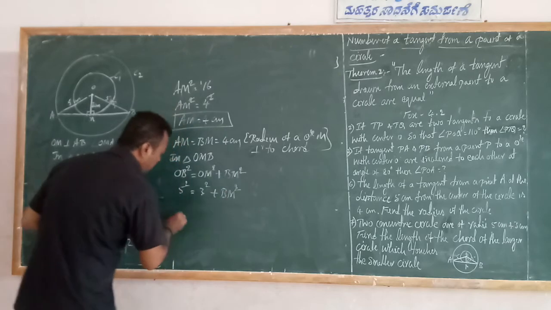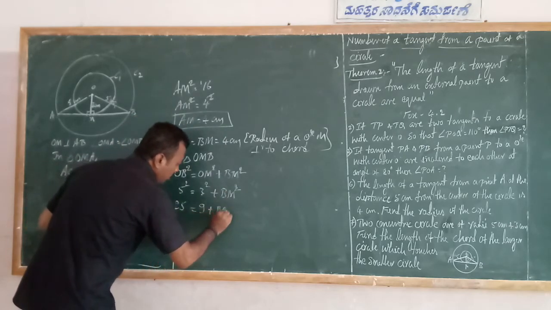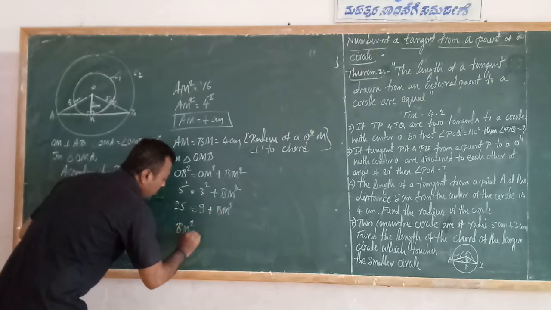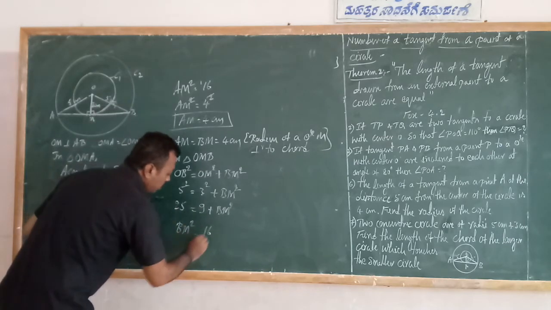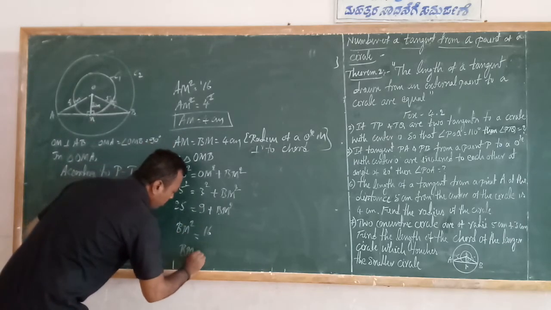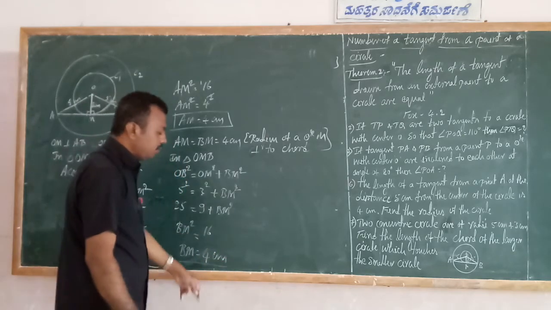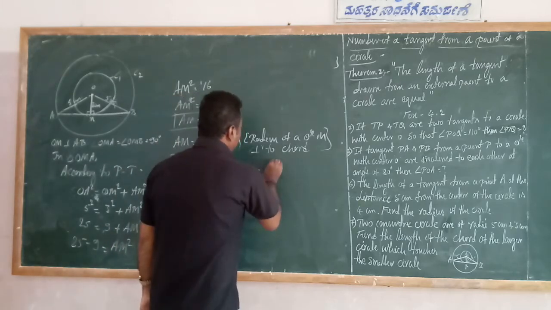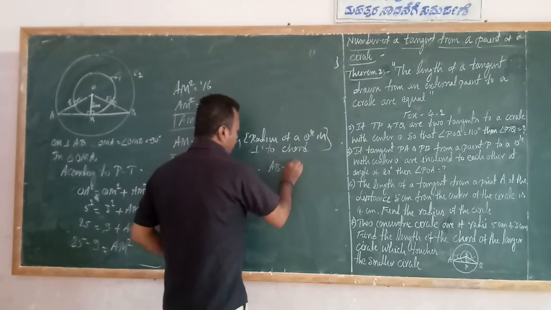So this is 25, equal to 9 plus BM square. BM square is 25 minus 9, which becomes 16. Therefore BM is 4 centimeter, the square root of 16. That's why AB is equal to AM plus BM.